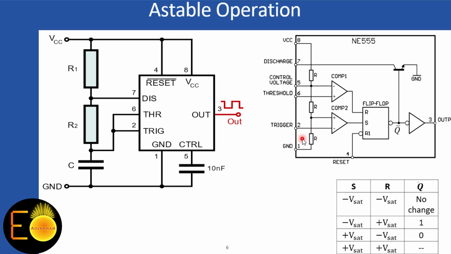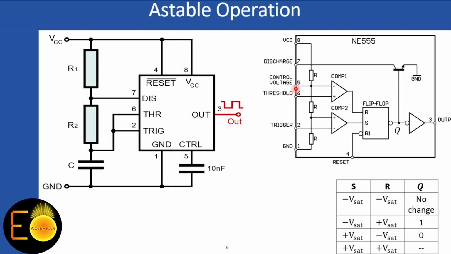This is the internal circuit diagram where you can see pin number 5 is the control voltage, and here I have applied a sinusoidal voltage source having a frequency much lower than the output switching.